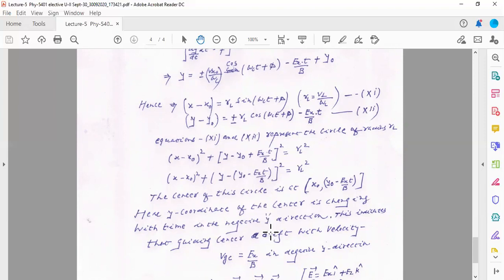So it is changing in the negative y direction, and this indicates that the guiding center is drifting with a velocity. Which velocity?